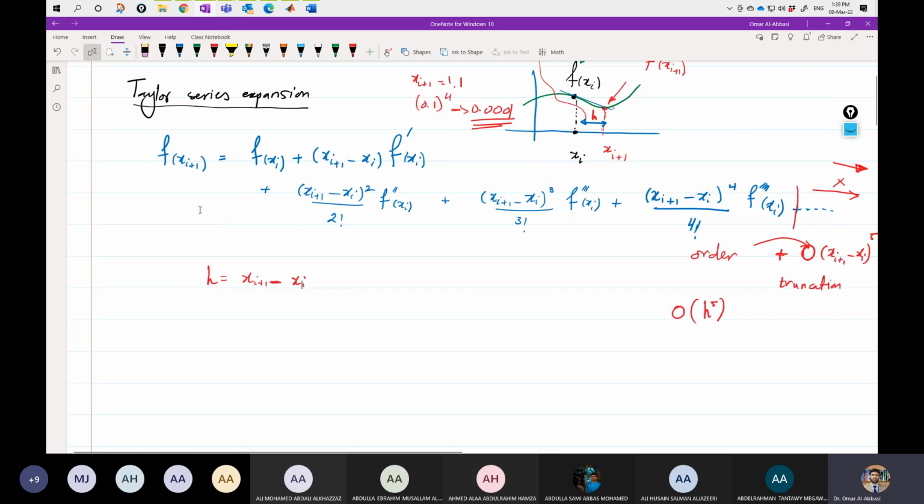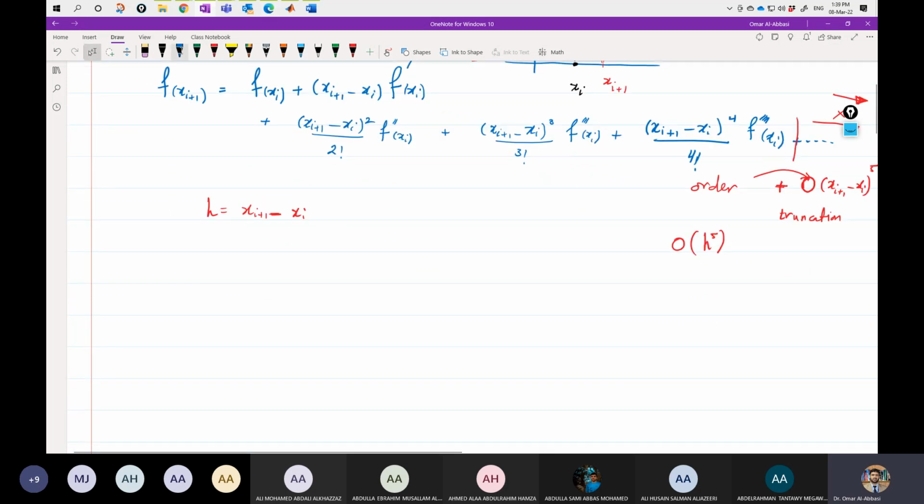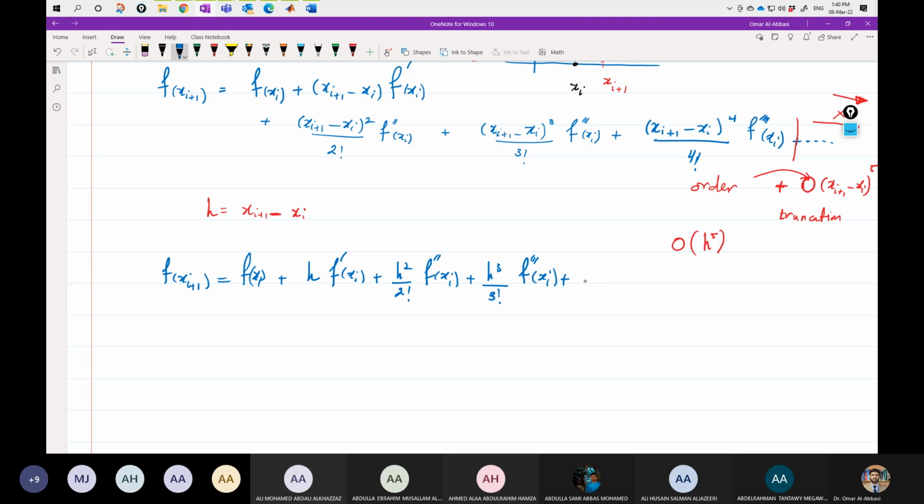And let us rewrite this Taylor series expansion. Taylor series expansion now becomes f at xi plus 1 equals f at xi plus what, guys? Plus h multiplied by f prime at xi plus h squared over 2 factorial multiplied by f double prime at xi plus h cubed over 3 factorial multiplied by f triple prime at xi plus, okay, if I want to stop over here, what shall I write?